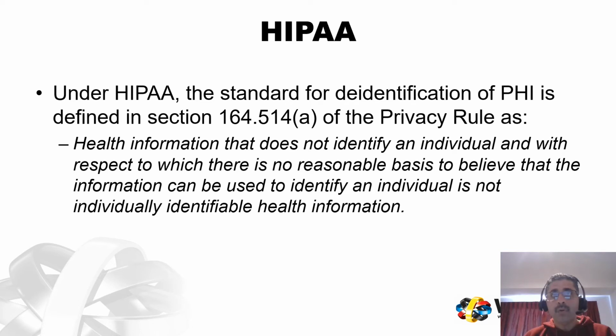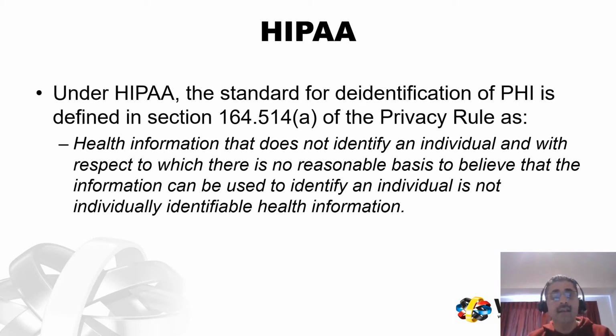One of the important concepts of dealing with health information in a technical manner is what is called de-identification of PHI. Under HIPAA, the standard for de-identification of PHI is defined under section 164.514(a) of the privacy rules as mentioned on the slide.